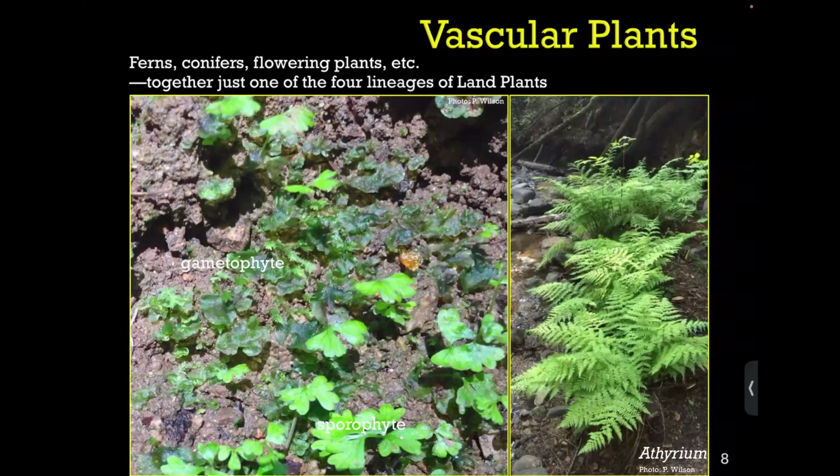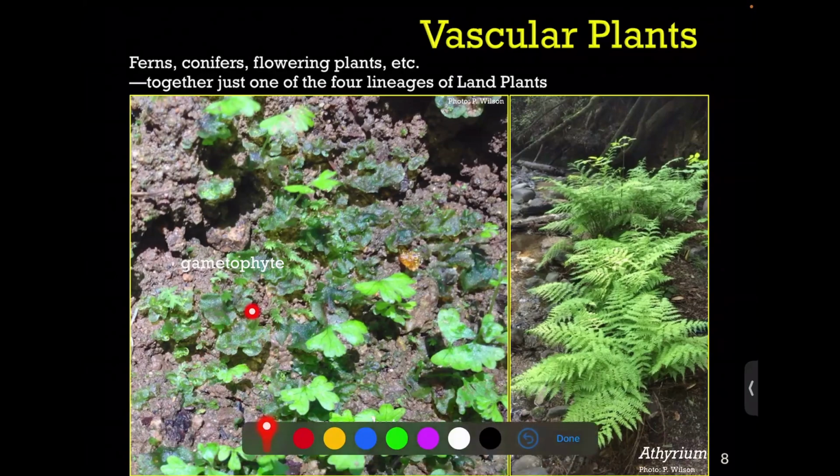And then vascular plants are the fourth big group. That's the one that people know, I guess, because the plants are big. And so here we have a fern. That's a nice example of a vascular plant. The gametophytes are these things here. And then they make eggs and sperm. And when the eggs and sperm get together, they grow into a sporophyte.